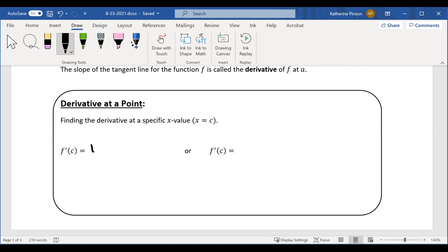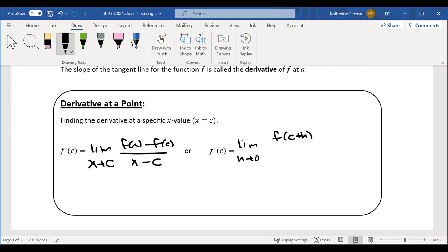Both of them involve a limit. In this one, we could do the limit as x approaches c of f of x minus f of c over x minus c. Or we can do the limit as h approaches 0 of f of c plus h minus f of c all over h.